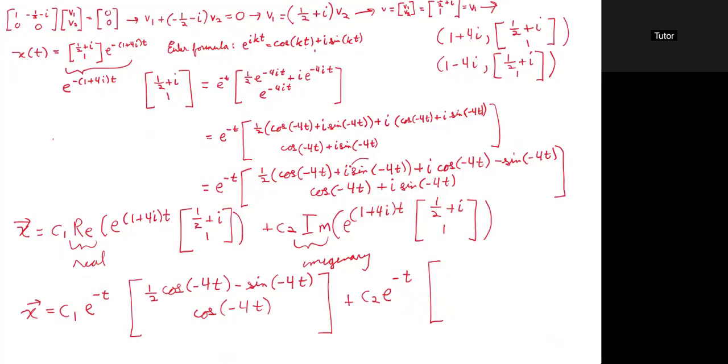And then the parts corresponding to the imaginary parts: sine negative 4t plus cosine negative 4t over sine negative 4t.